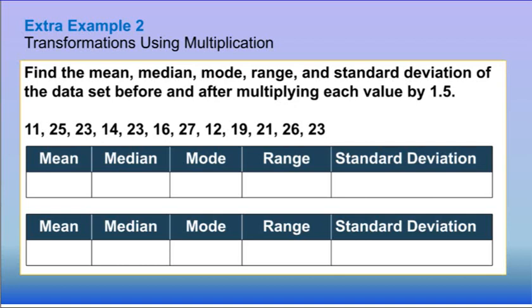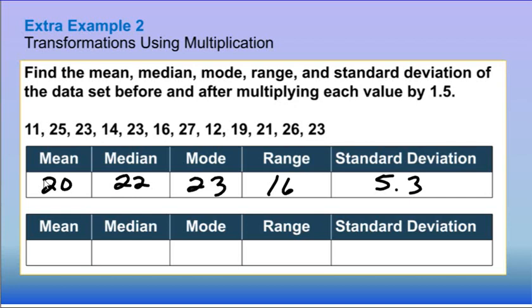Find the mean, median, mode, range, and standard deviation of the data set before and after multiplying each value by 1.5. So if we were to put that into our calculators, before, the mean would give us 20, the median would give us 22, the mode is 23, the range is 16, and the standard deviation is 5.3.